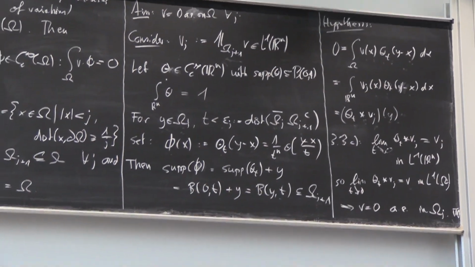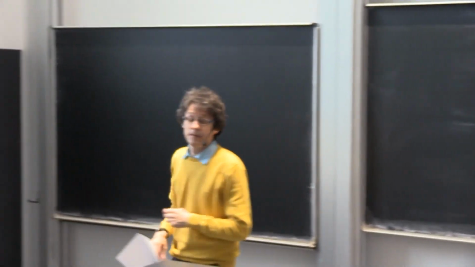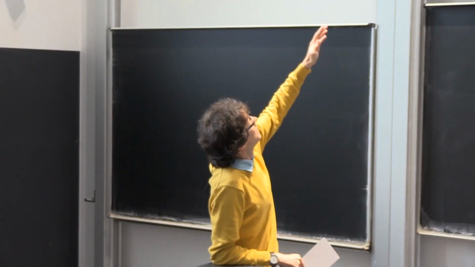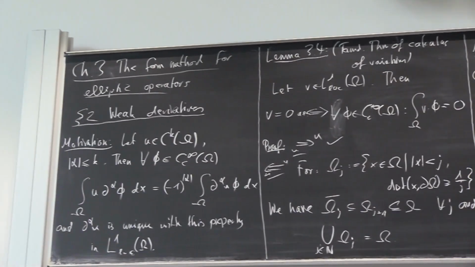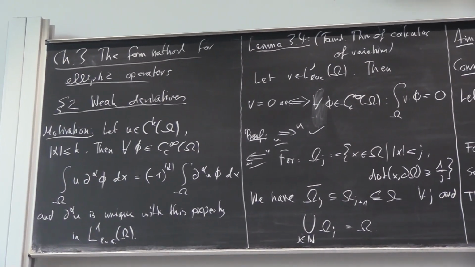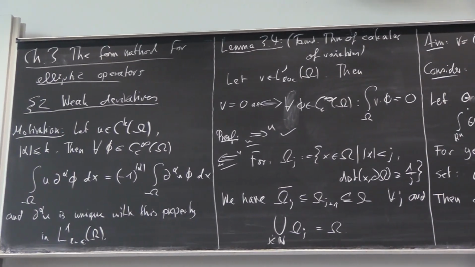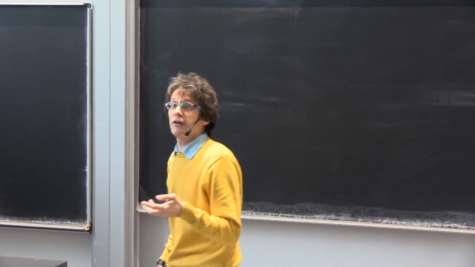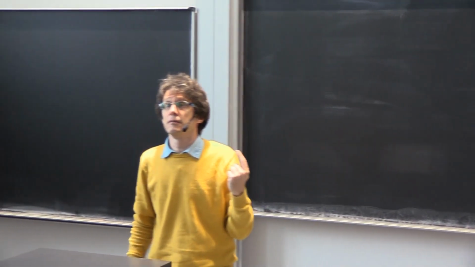So, what does this help? We now have, for every C_c infinity function, there is a unique function in L1 loc satisfying this equality of partial integration. And now we turn things around and take this as a definition.